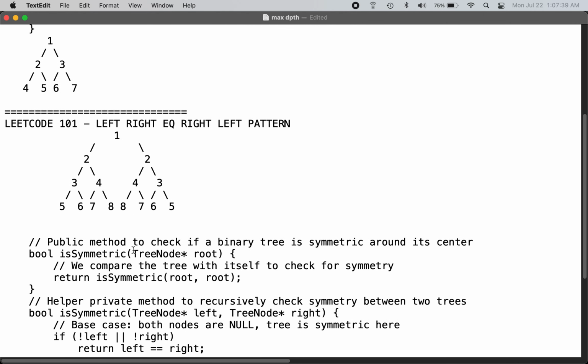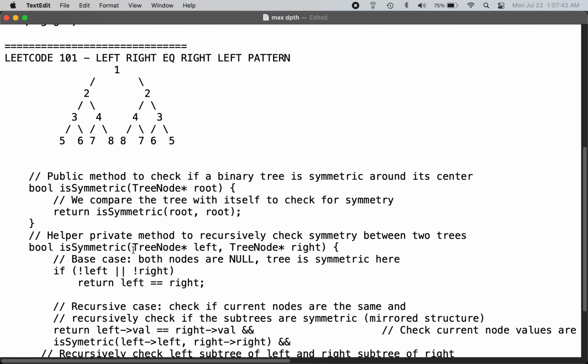Moving back to 101, you are checking whether this tree is a symmetric tree. Basically, if you place a mirror in between, this tree looks like its mirror opposite. Not exactly the same, because it is 3 4 here and it is 4 3 here.